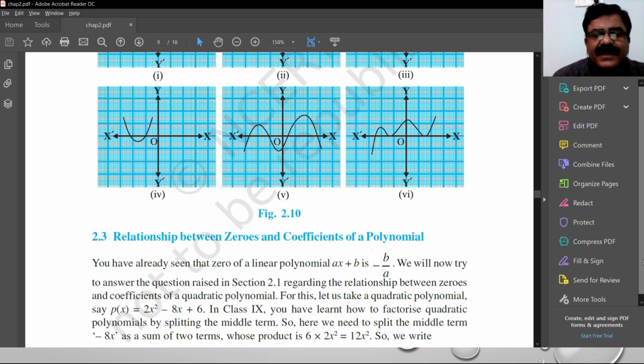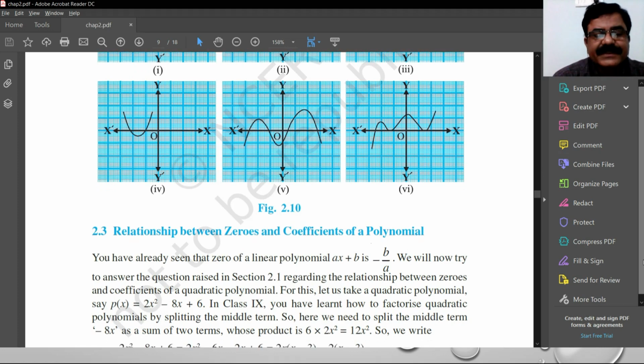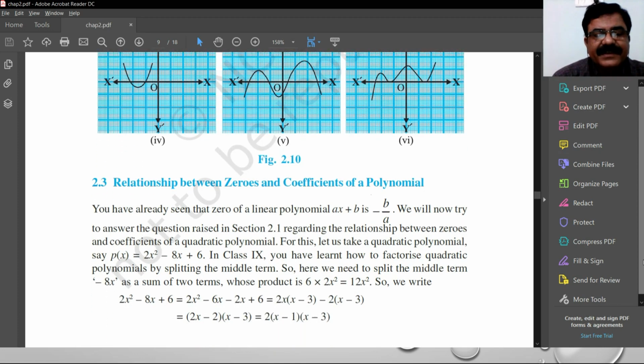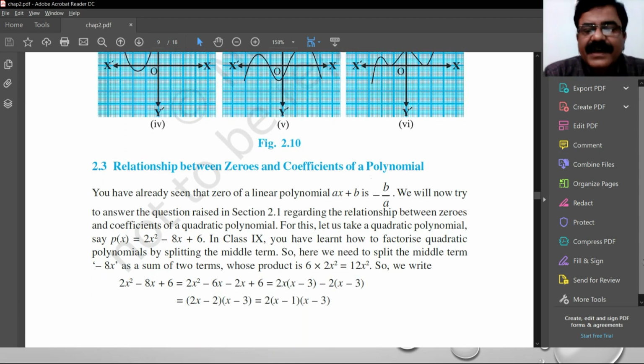For this, let us take a quadratic polynomial p(x) equals 2x square minus 8x plus 6. As in class 9, you have already learned to factorize a quadratic polynomial by splitting the middle term. So you split it: the middle term is minus 8x, the sum of two terms whose product is 6 into 2x square, that is 12x square.